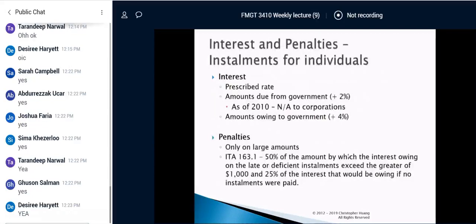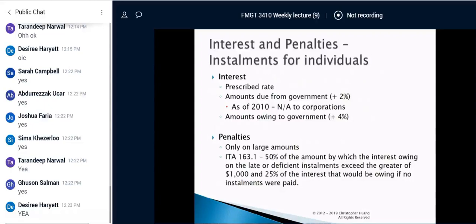Interest and penalties. What happens if you don't pay the amount that you're supposed to? For individuals, if you owe the government, the rate is prescribed, and you might remember Reg 4301, when we talked about the loan rules.